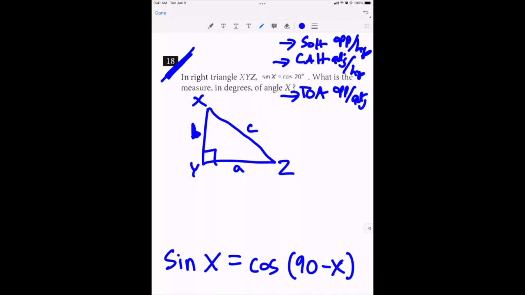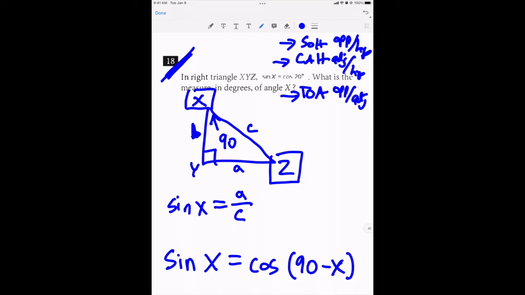And to help you visualize it, let's take a look at the sine of x here. The sine of x would be the opposite side, that's A, over the hypotenuse, that's C. And let's also look at the cosine of Z, which has to be its complement. The reason we know that is because if a triangle has a total of 180 degrees, and I've used 90 of them already, that means I've got 90 degrees left for the combination of x and z.